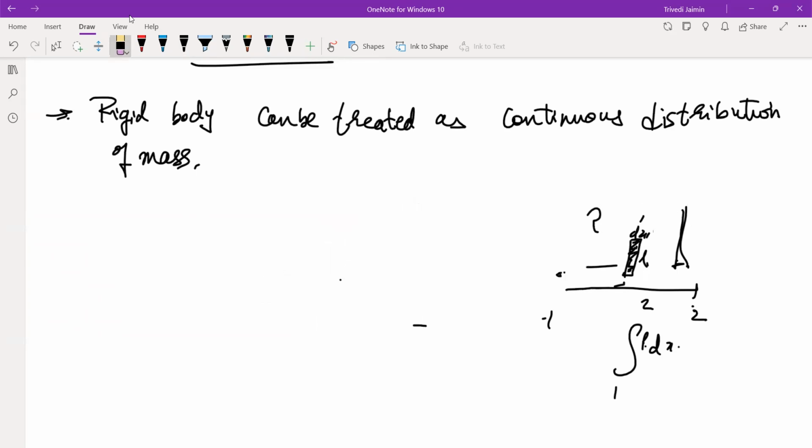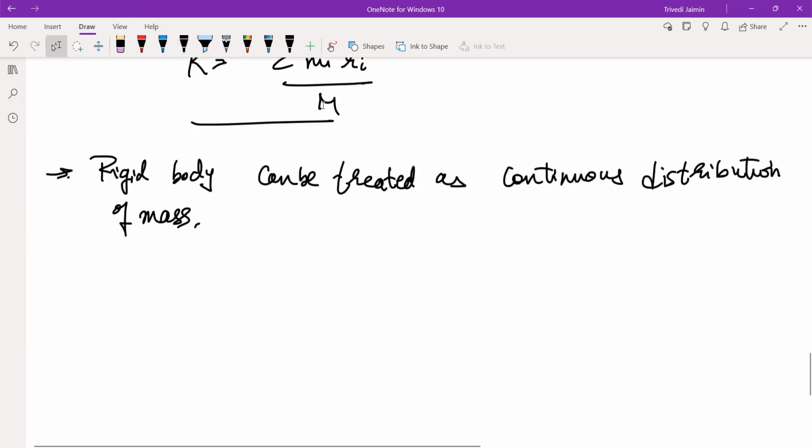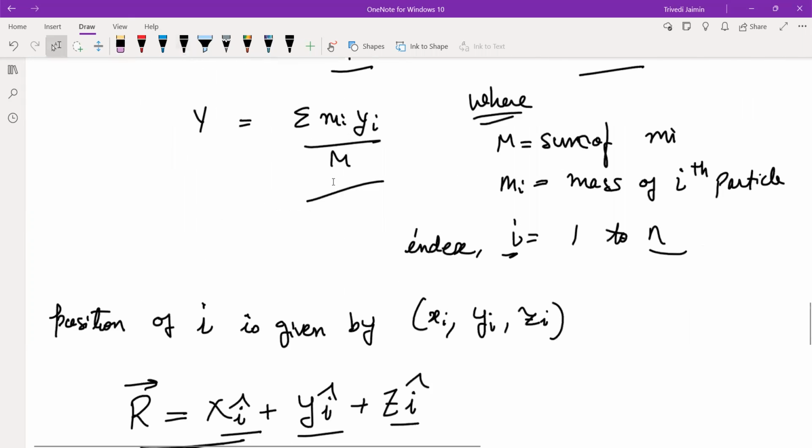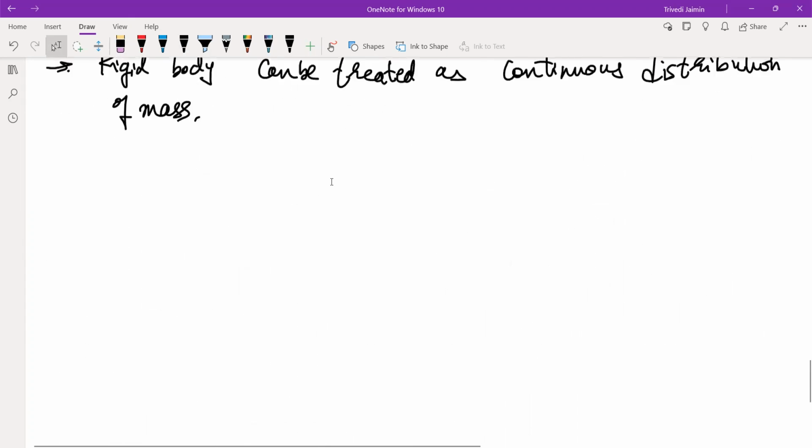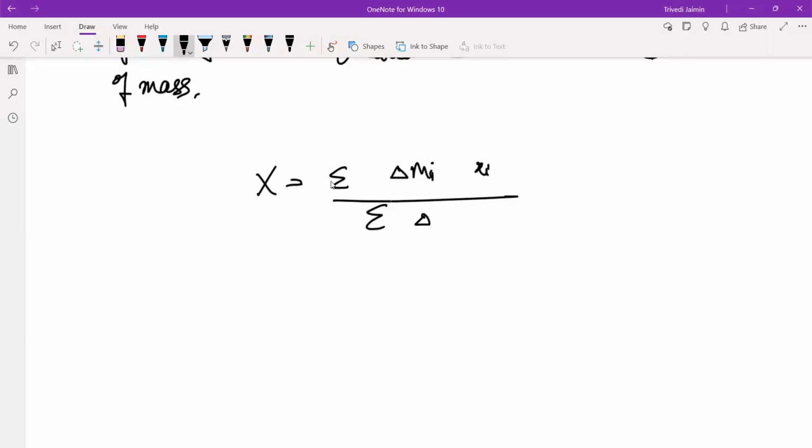So let's see the integration part. What formula did we write here? The previous one. x equals summation of delta mi xi by summation of all mi. That is capital M we wrote here, right?